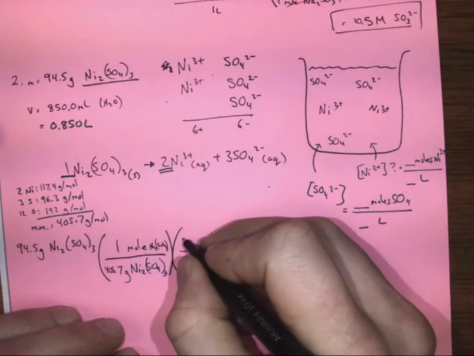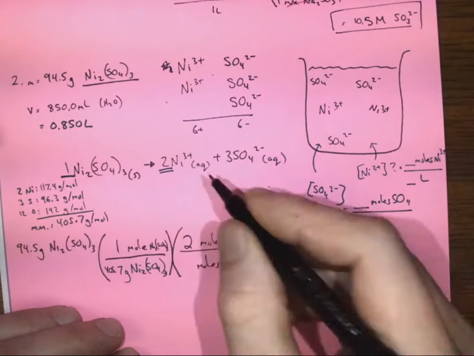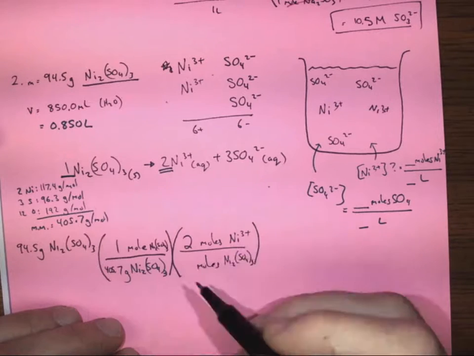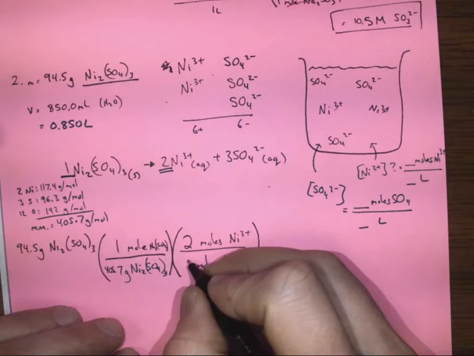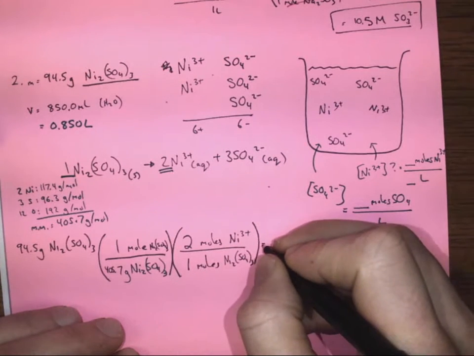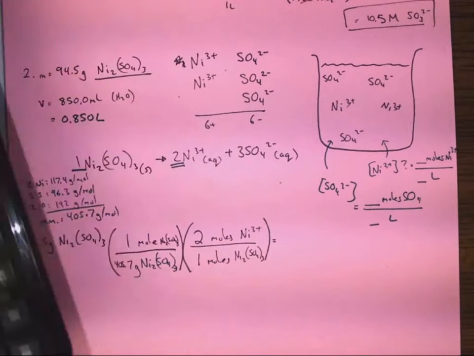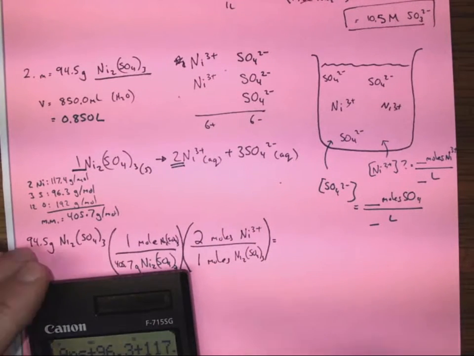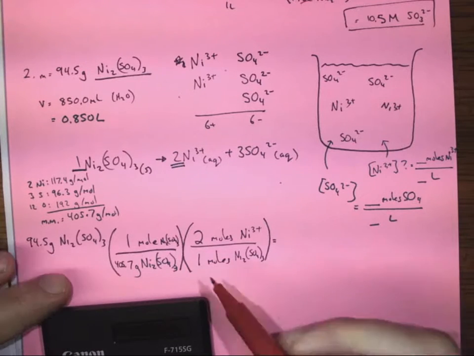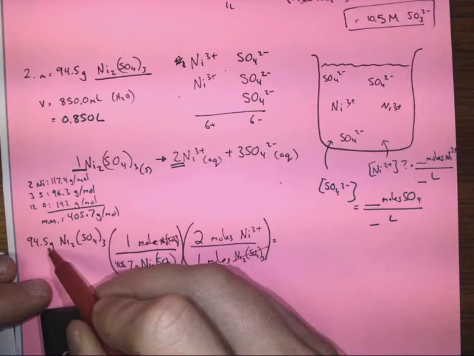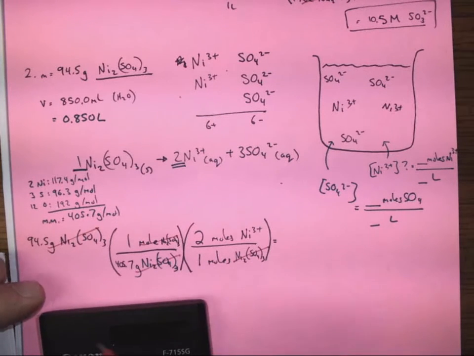All right, so it tells me that I have a ratio of 2 moles of nickel 3 for every 1 mole of nickel 3 sulfate. Okay, and that'll give us, pardon me, not the concentration, just the number of moles of nickel 3, because I can see moles of nickel 3 sulfate cancel out and grams of nickel 3 sulfate cancel out.